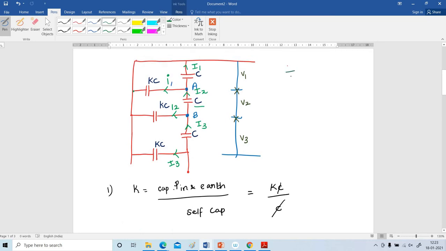Incoming current I3, voltage is V3. For capital I2, the voltage is V2. For small I2, the voltage is, that is here from pin to ground, V1 plus V2. Both the voltages are involved for this current I2. So small I2 is V1 plus V2.